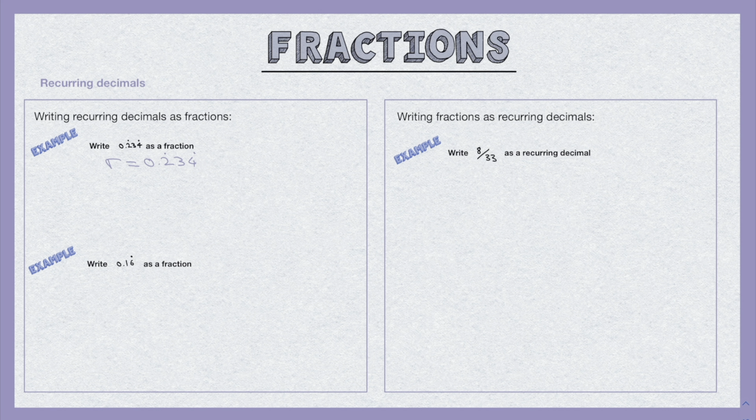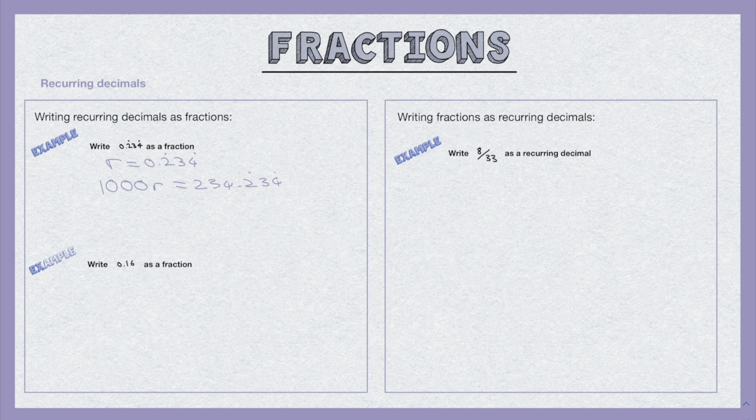So here this would be 1,000, because as you can see, 1,000r equals 234.234, and then this part is recurring, which moves the whole loop to the left hand side here.